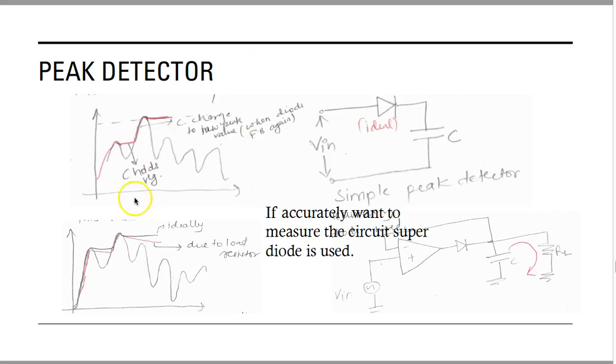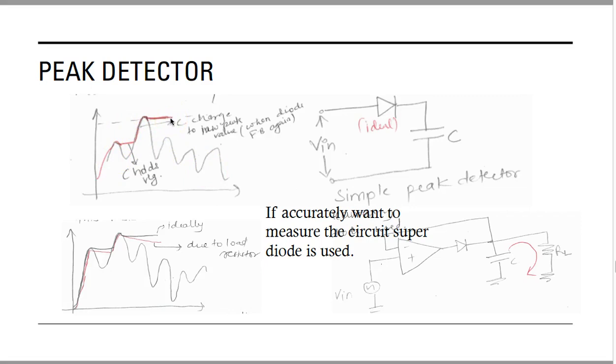Here on this slide you see a very simple peak detector. I would say this is the ideal circuit for a peak detector, and on the left is the ideal waveform which is showing that the peak of the waveform is being detected.